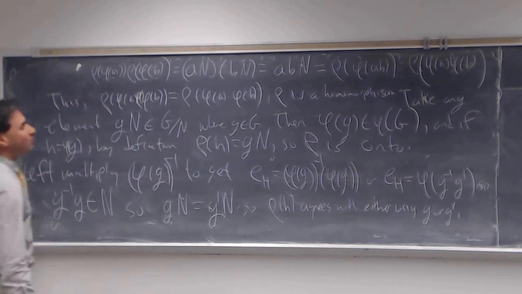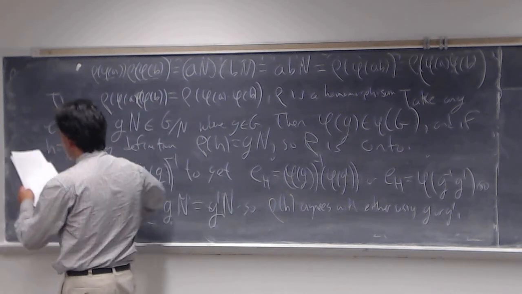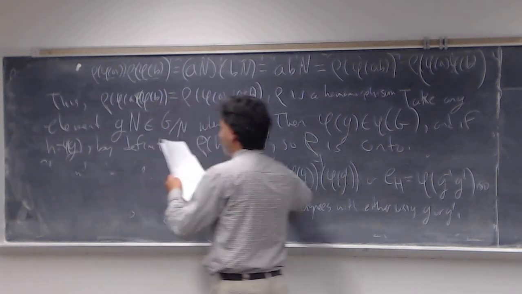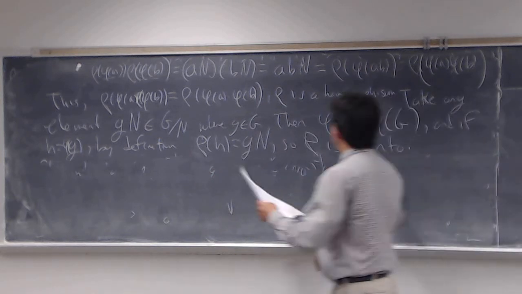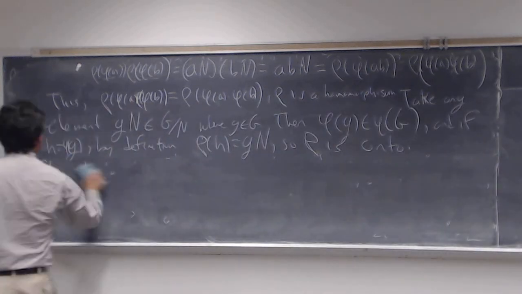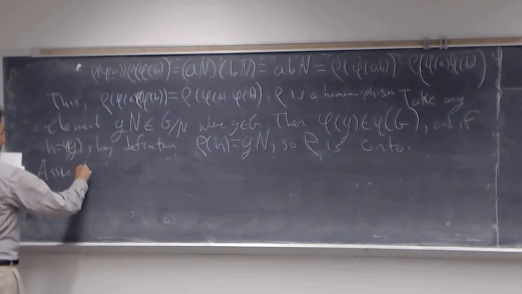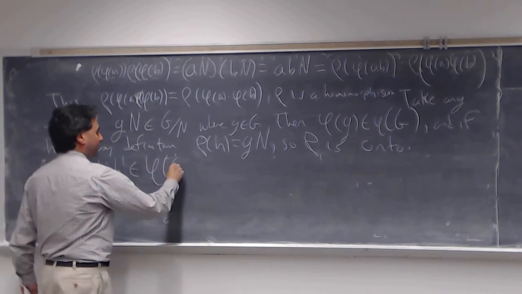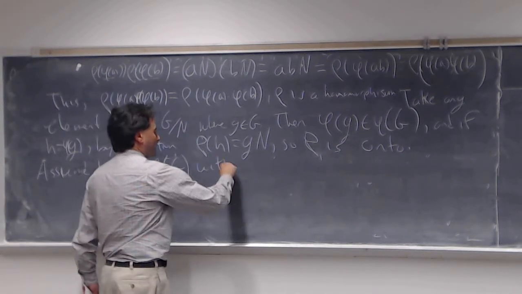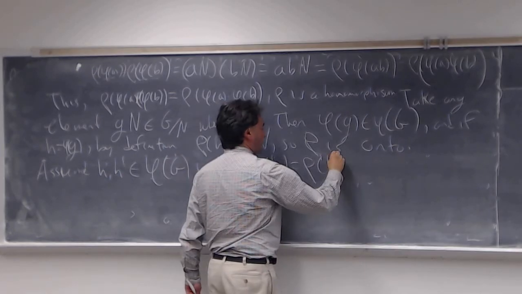Okay, so we have a homomorphism, so on to 1-to-1. And what definition did I use? I think I used the regular definition of 1-to-1, where we assume two things are different. So assume H and H prime are in phi of G, with rho of H equaling rho of H prime.